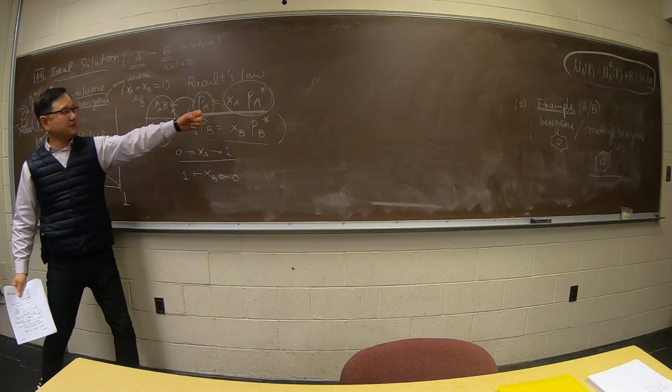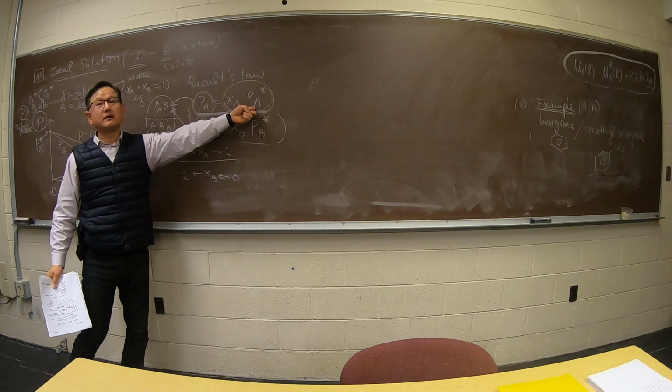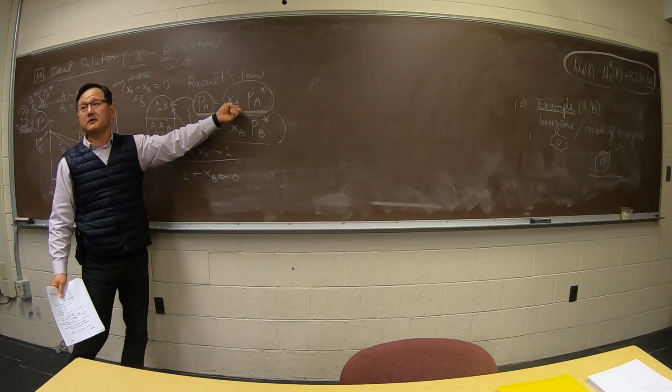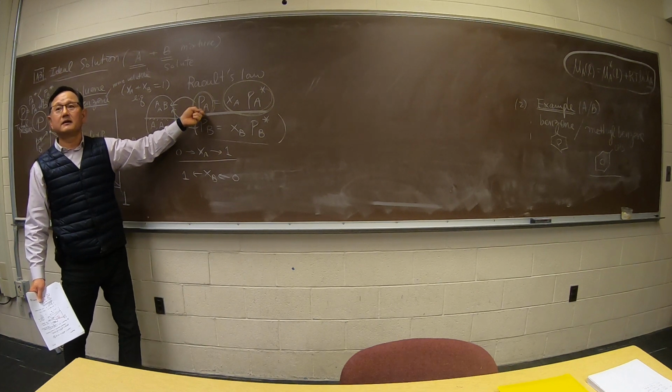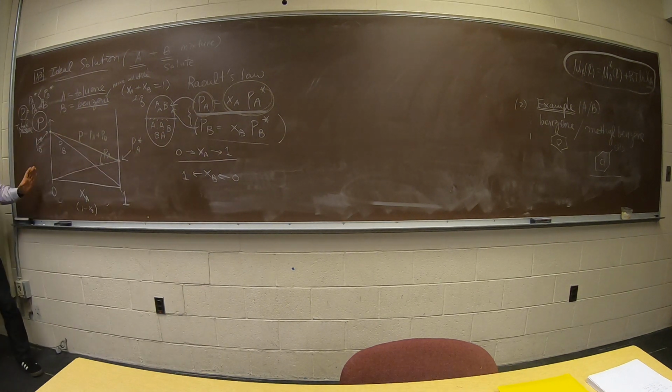This is information that I extract from the pure liquid, the composition in the liquid, and I can predict what's happening in the vapor phase. That should be true, and if that's happening throughout the whole composition range, this will be nice.